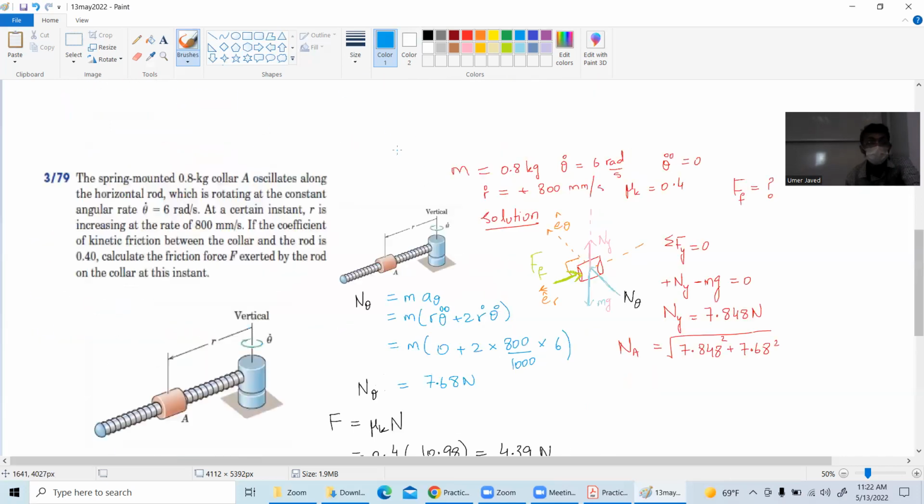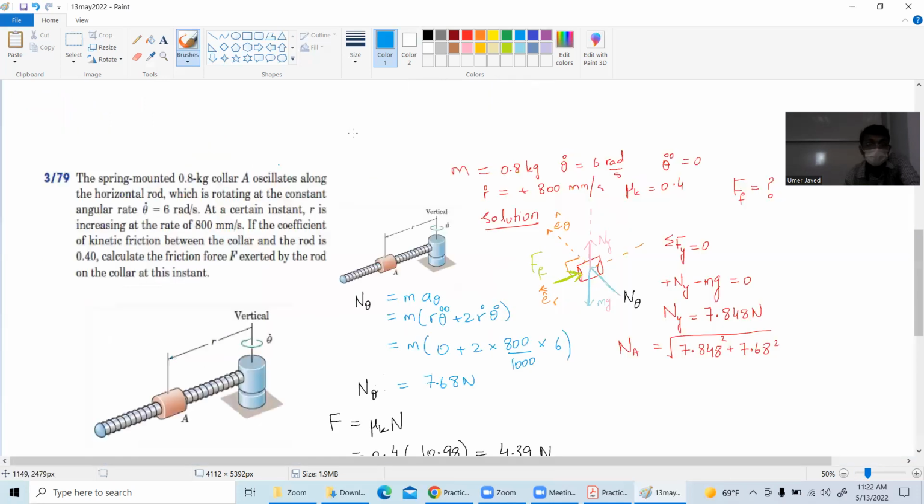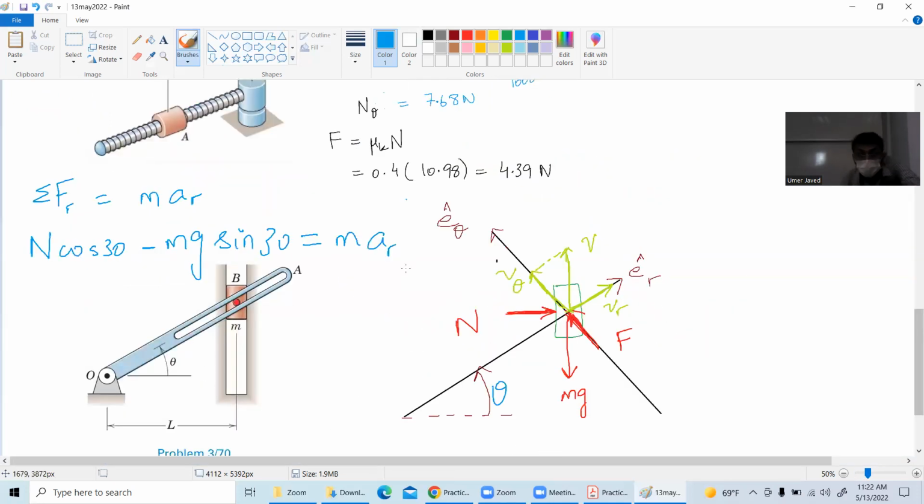Did they give us a? No. We will find a in the calculations. How will you find a? Okay, we will find a. Anyways, let me proceed with summation of forces in the theta direction then.